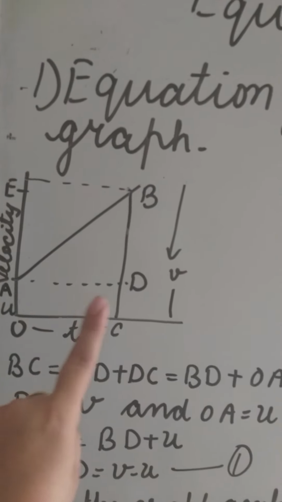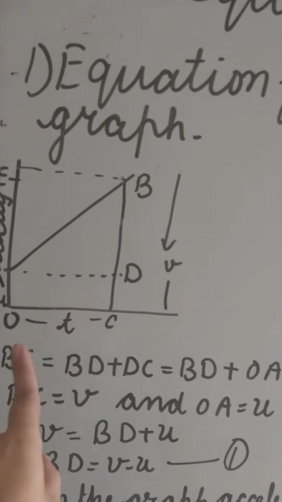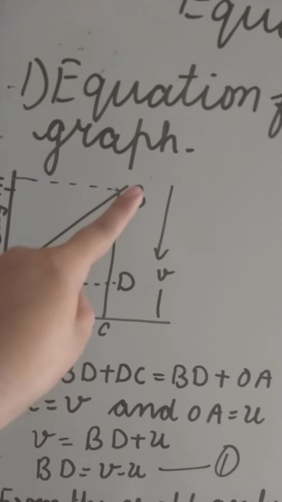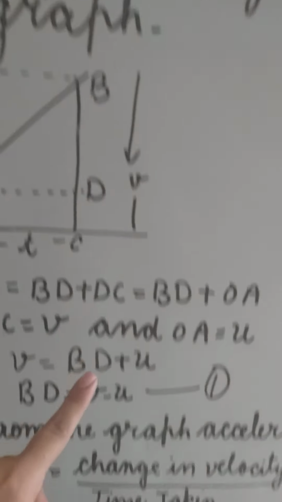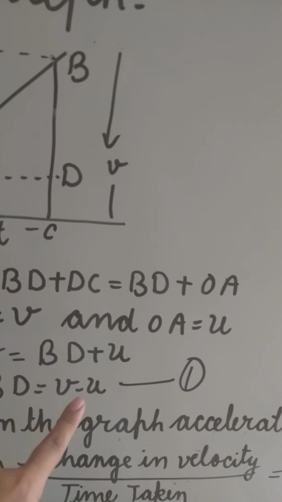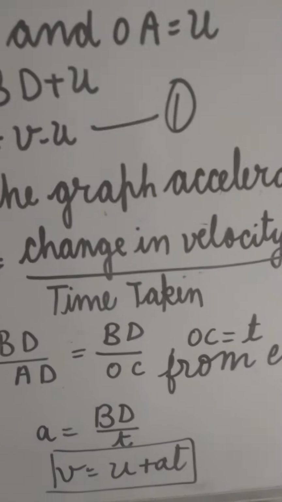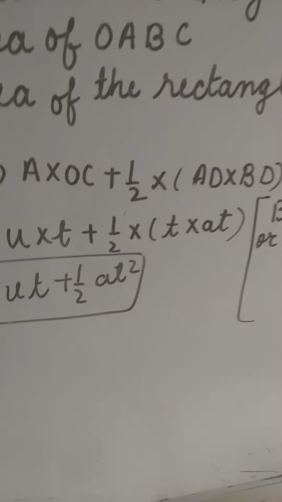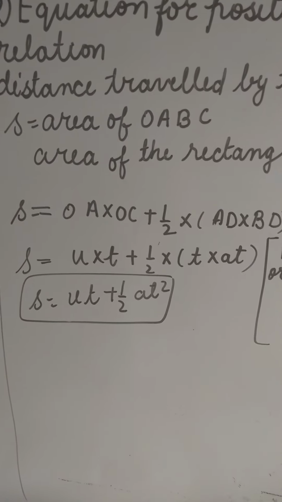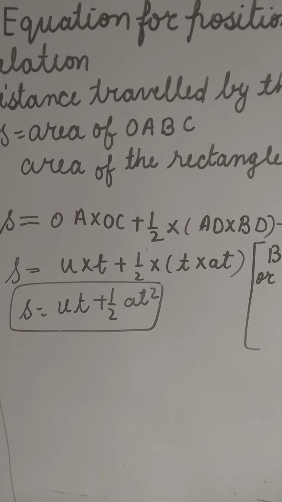Instead of AD we can write OC, and OC is equal to T, and BD from the first equation is V minus U, and V minus U is equal to AT. All will come here from the first equation. So S is equal to UT plus half AT square.